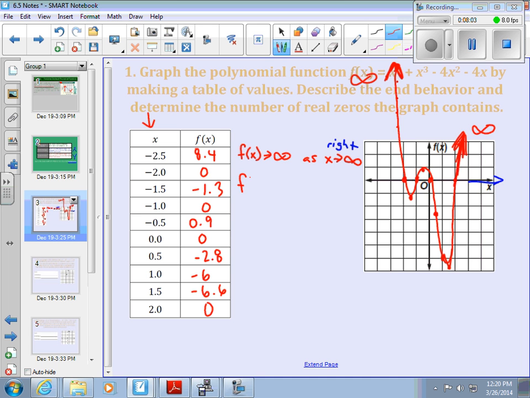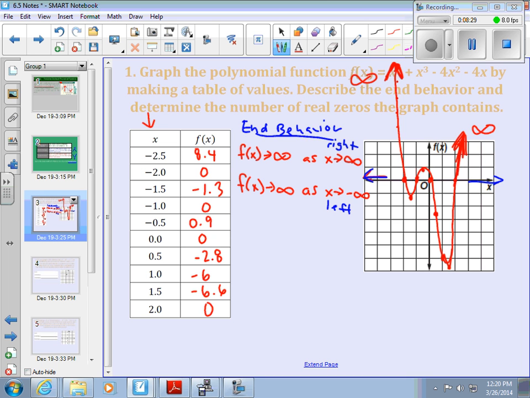Also, our graph's going to infinity as x goes to -infinity. This one's saying as we go to the left. As our x-axis goes this way, to the left, that's going to -infinity. So that would be our end behavior.